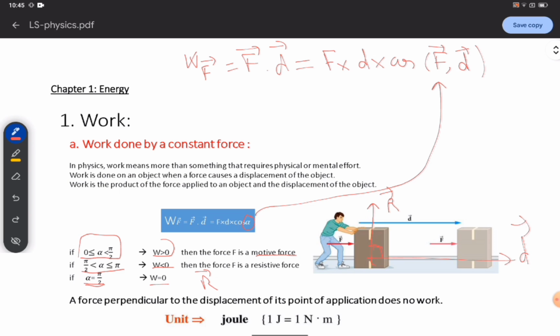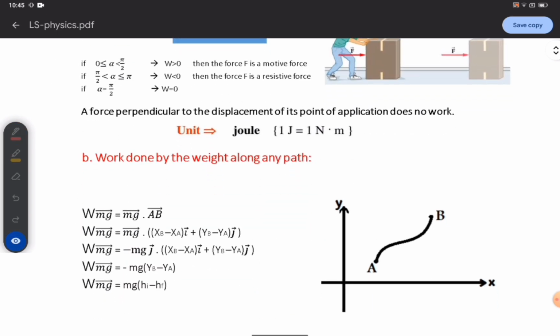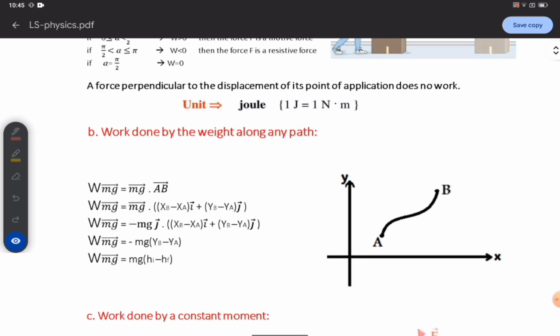So no work. The work of the reaction of support equals 0. A force perpendicular to the displacement of its point of application does no work. The unit of the work is joule.